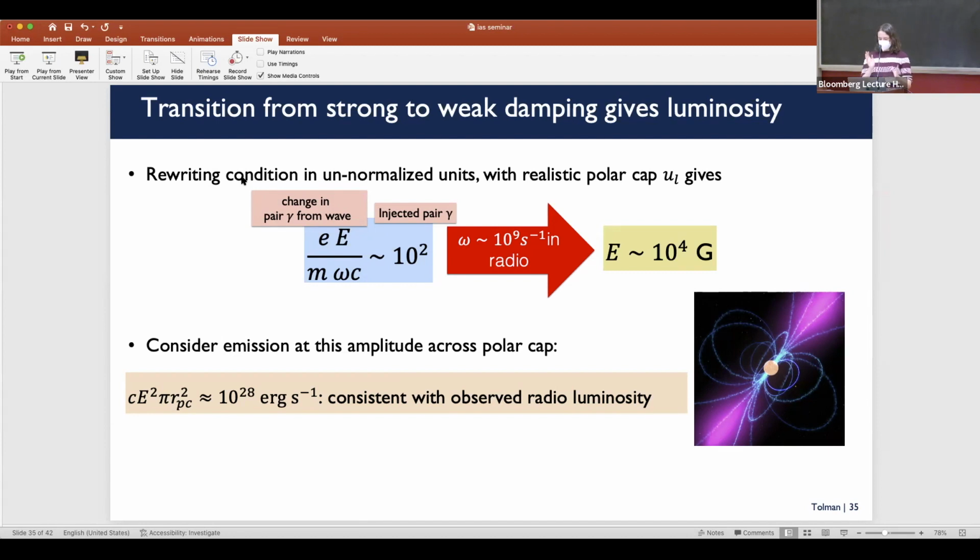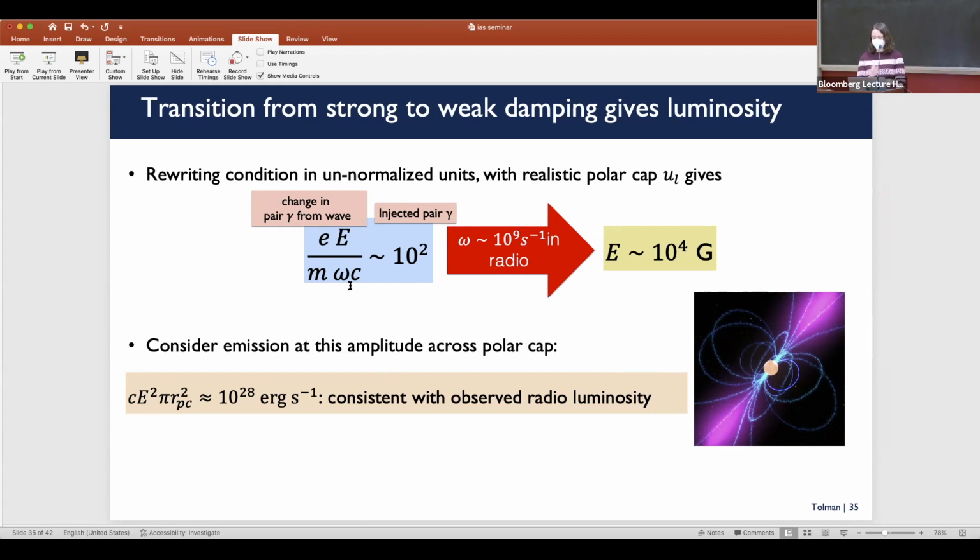So if I unnormalize everything, I can balance the change in the pair Lorentz factor from the wave with the injected pair Lorentz factor, right? Here, this is a more realistic value for the lower energy pairs that are being dumped on the pair discharge in the polar cap. I can put in a value of frequency that corresponds to the frequency that you see in the radio.